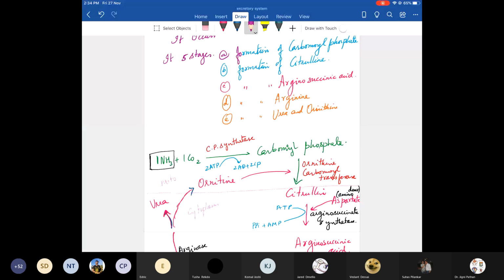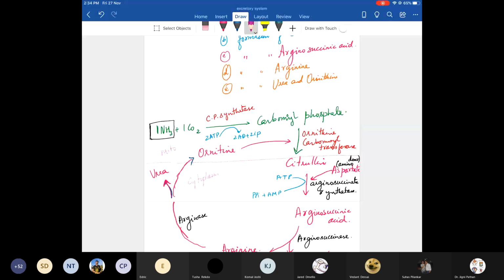Now at the step of citrulline, one more ATP molecule is used. When this ATP is used, an aspartate molecule is added, which gives one more ammonia; aspartate is acting like an amino donor.